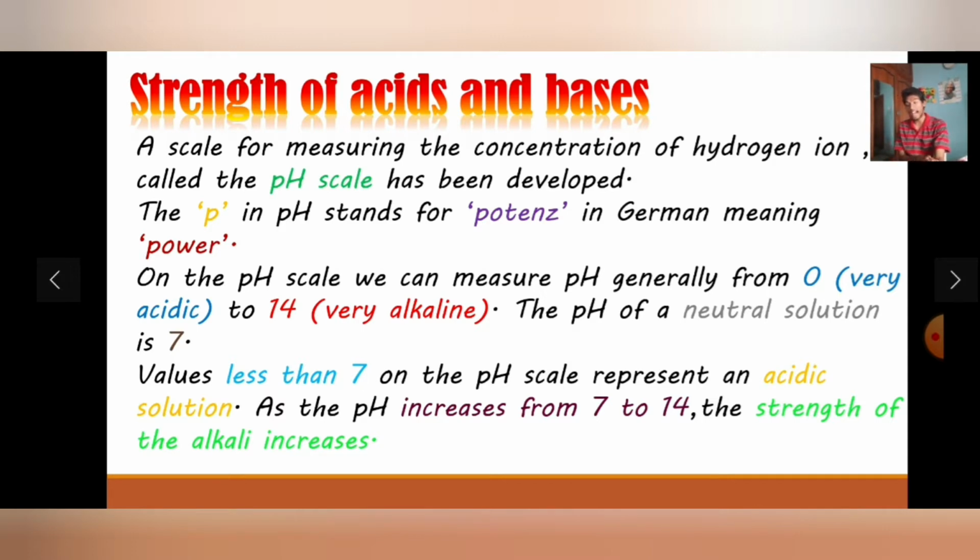All the values which are less than 7, from 0 to 6.9, represent an acid, whereas the numbers which are greater than 7, 7.1 to 14, are said to be basic, and 7 is neutral.